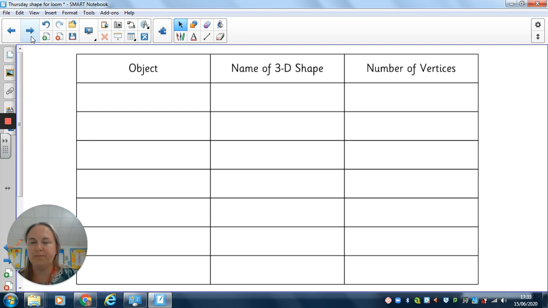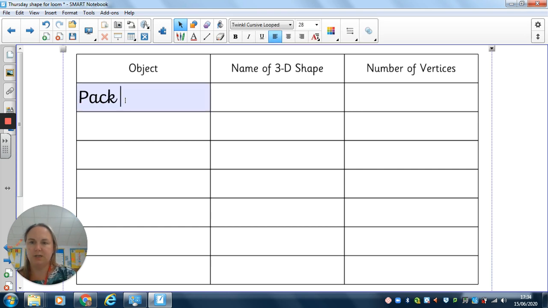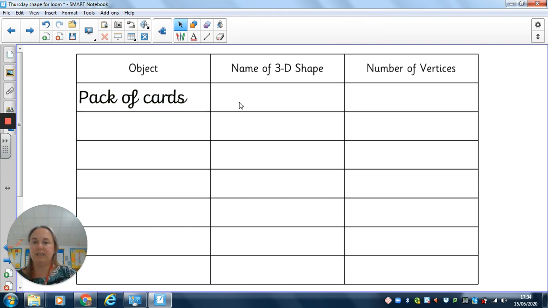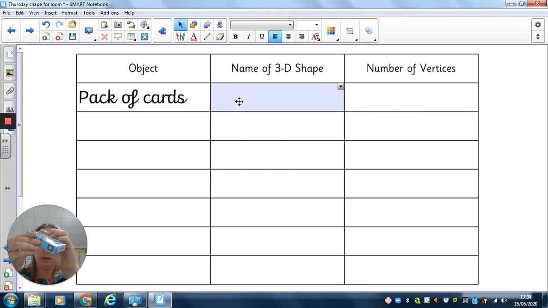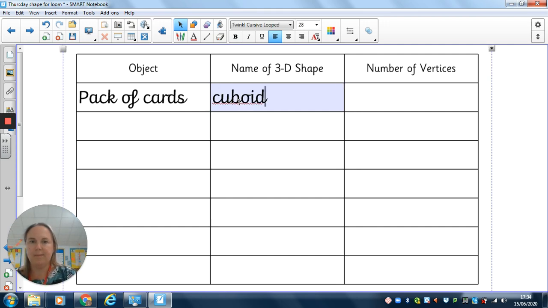It's up to you. When you find your 3D shapes, I found here a pack of playing cards. So I would write pack of cards in my object section. The name of the 3D shape, so what type of 3D shape is that one? It's a cuboid, so I'm going to write cuboid in that box.